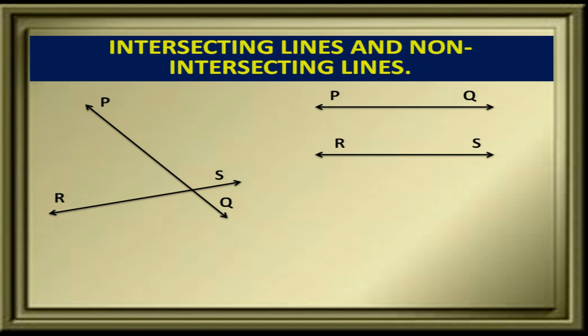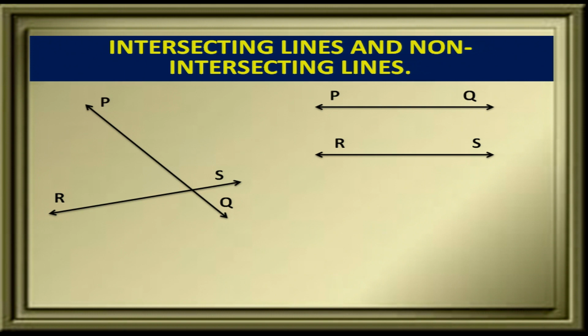The lines PQ and RS will intersect each other, or they will never intersect each other. If they never intersect, the lines are called non-intersecting lines, and if the lines intersect each other, then they are called intersecting lines.